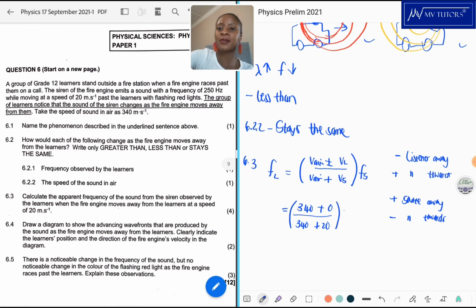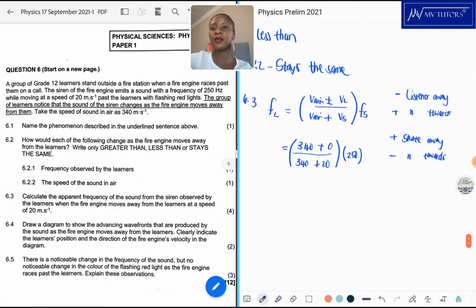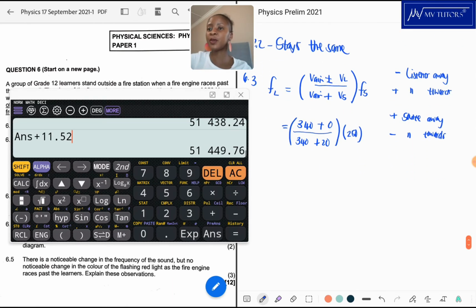And all of that is multiplied by the frequency, which is 250. So we're just going to calculate quickly. We have 340 here, and we have 340 plus 20. I know you're like, obviously that's 360, but trust me, you can make errors, so just put everything as it is. And then we multiply that by 250, which is 236,11.